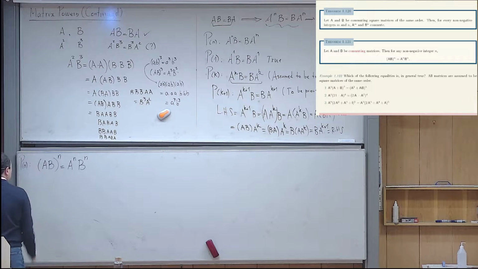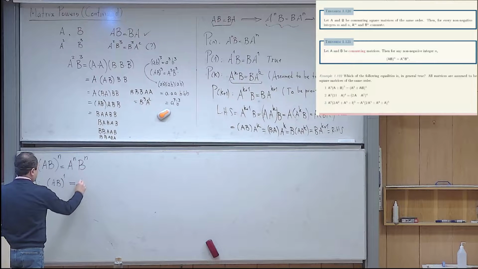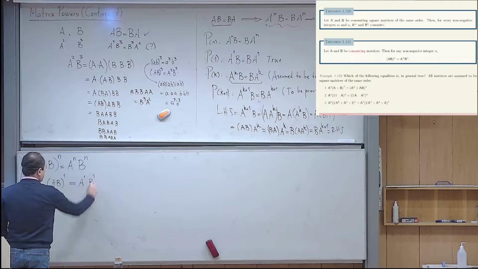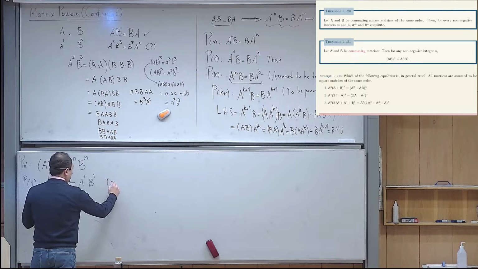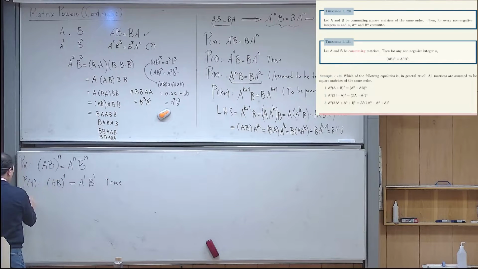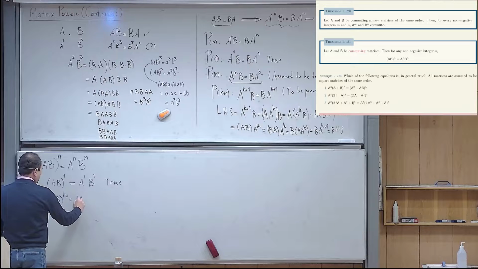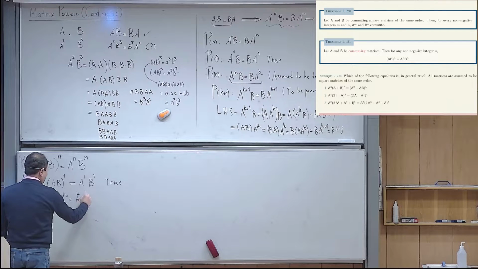Let me call it P(n). I check the truth of P(1): (AB) to the power of 1 is equal to A to power 1, B to power 1. That is true. I will assume that P(k) is true: (AB) to power k is equal to A^k B^k.